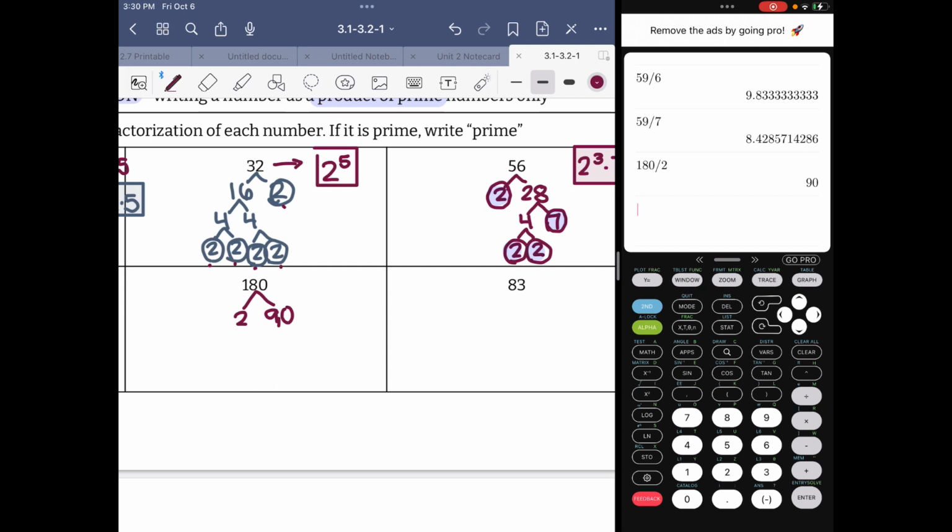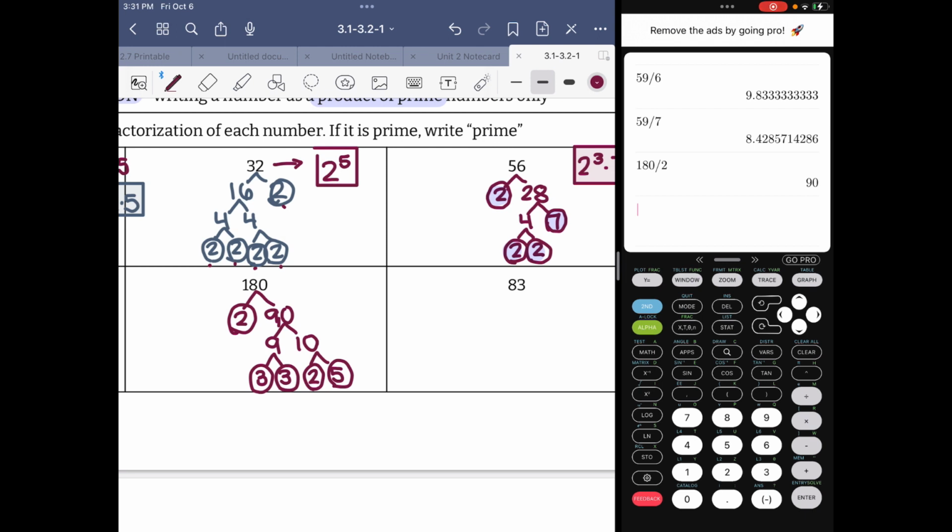So here we go. 2 times 90 is 180. Nothing else goes into 2, so I circle it. 90 ends in a 0, so I know that that's 9 times 10. And 9 is 3 times 3. 10 is 2 times 5. And that's it. No other numbers go into 3, 2, or 5.